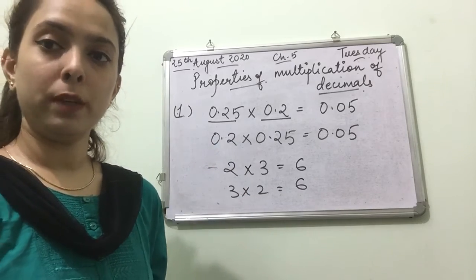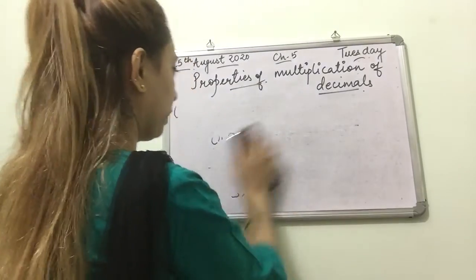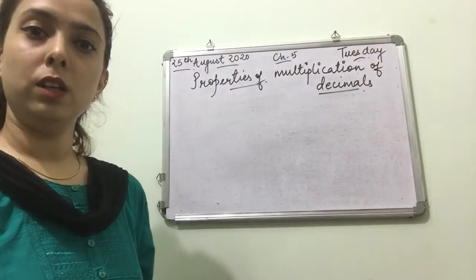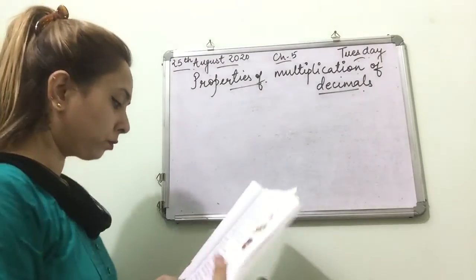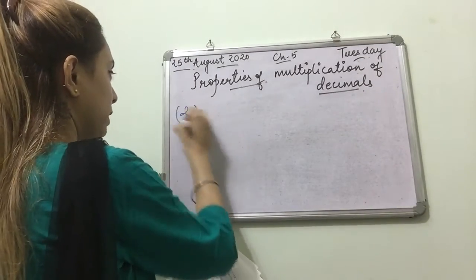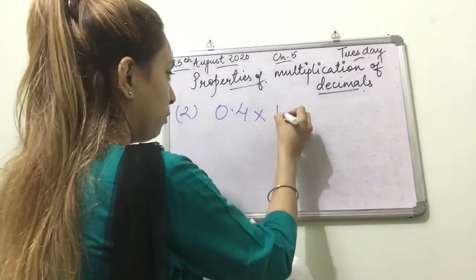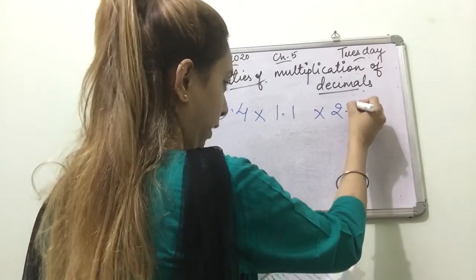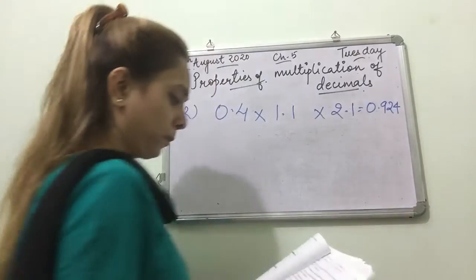Second property is about grouping the decimal numbers. So if I write, second property is 0.4 multiplied by 1.1 multiplied by 2.1, 0.924.